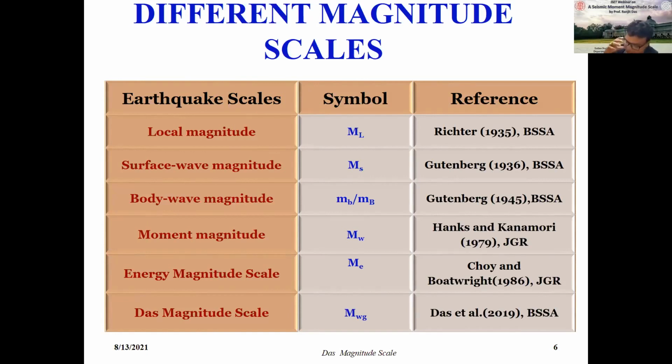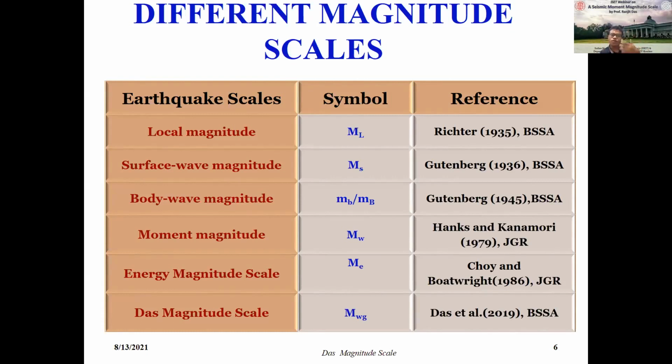After one year, he found that the local scale he had developed does not satisfy if an earthquake comes in a bigger, longer area. So he developed another scale called surface wave magnitude, that is called MS. But MS also has some limitation because it cannot properly report deeper earthquakes.